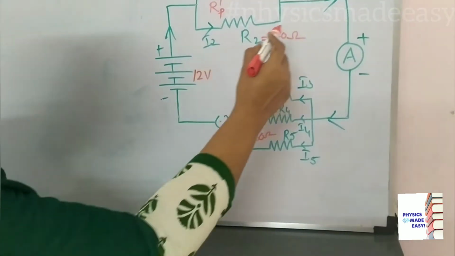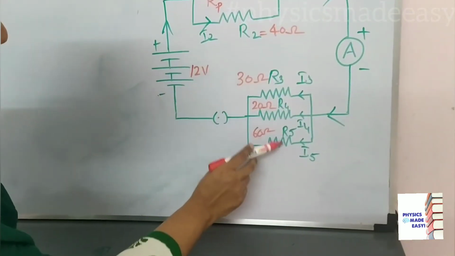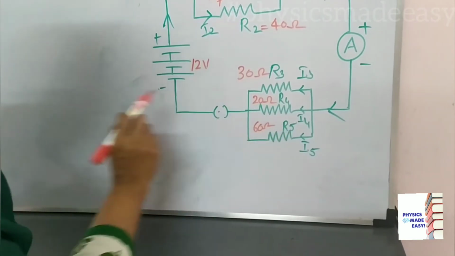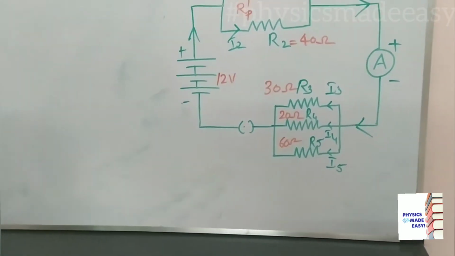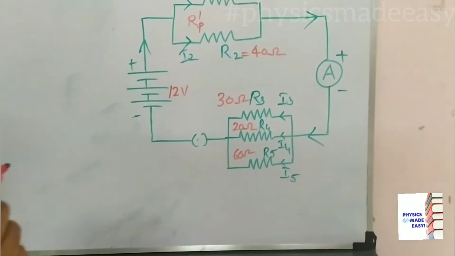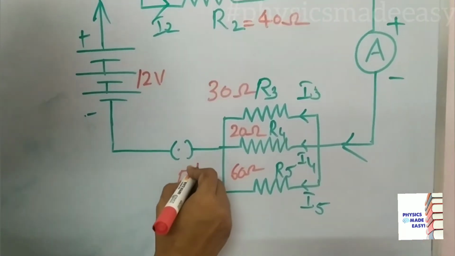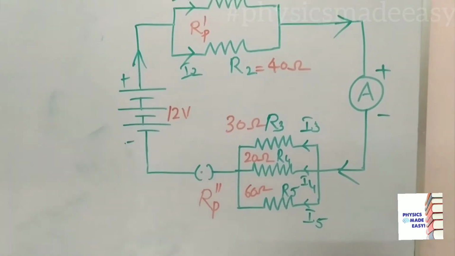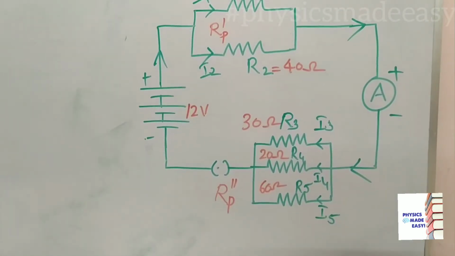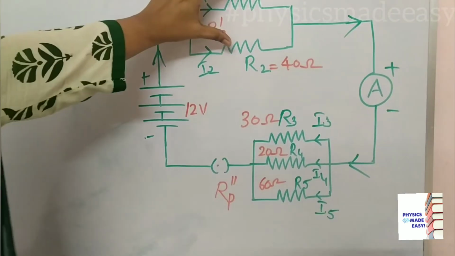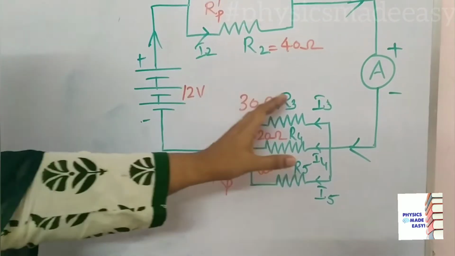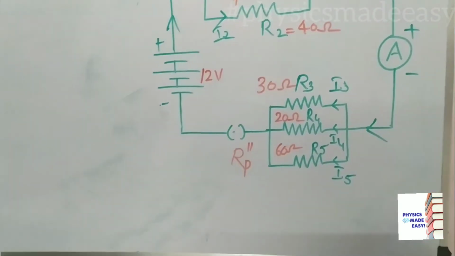Next you can see these 3 resistors R3, R4 and R5, these 3 are also connected in parallel. We can take the effective resistance of this combination as Rp double dash. So first we have to find the effective resistance of these 2 resistors connected in parallel, then for these 3 connected in parallel.